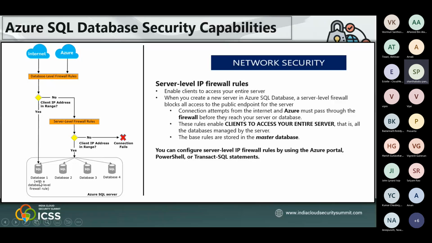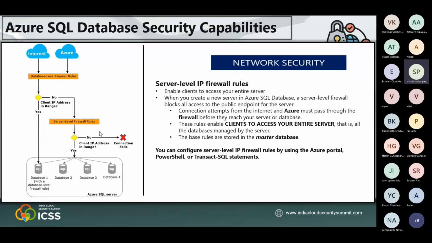Okay, so that is the database one. But if it is not satisfied, then we take the route of checking whether you have a server level firewall rule or not. That is, whether an individual person or set of people has been assigned to the specific database, or else a set of databases as a server.